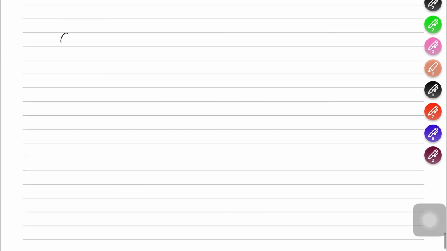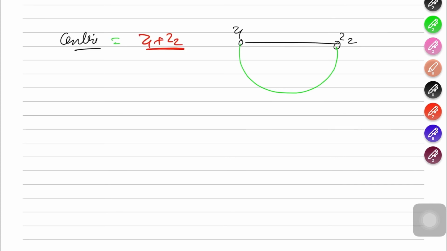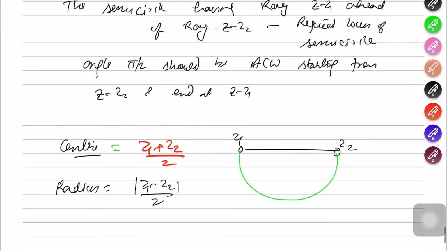Okay, and how do we decide the center? In a semicircle, suppose this is the semicircle z1 z2, this is the required semicircle, the center is (z1 plus z2) by 2, and the radius will be mod of (z1 minus z2) by 2. This is the radius and that is the center.